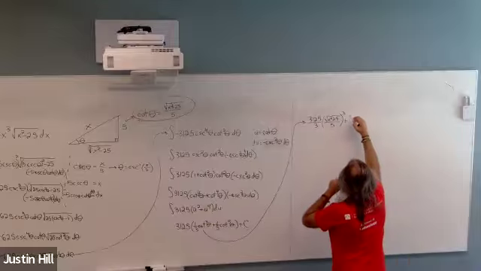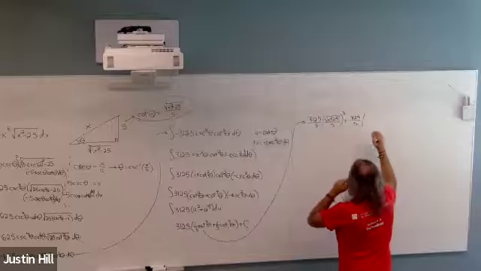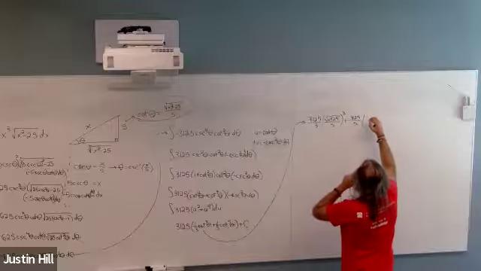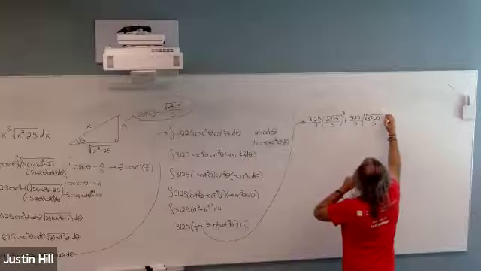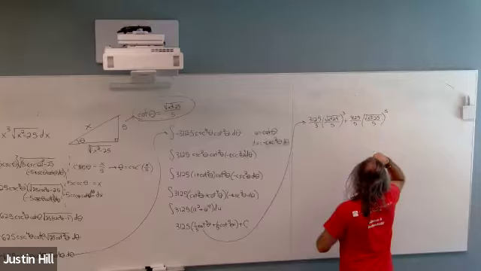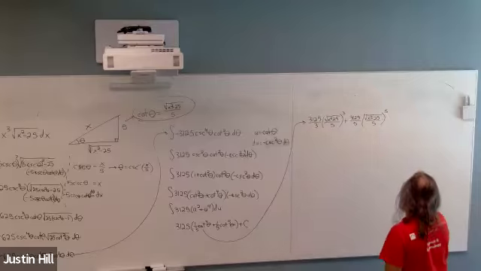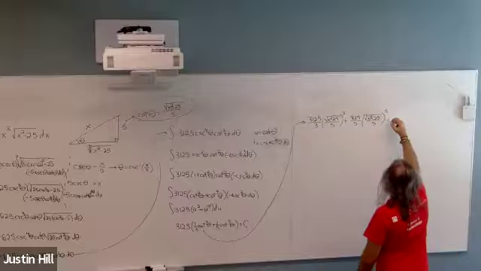And then it's 3125 over 5 times that same thing, square root of x squared minus 25 over 5, but now to the 5th power, all plus c.